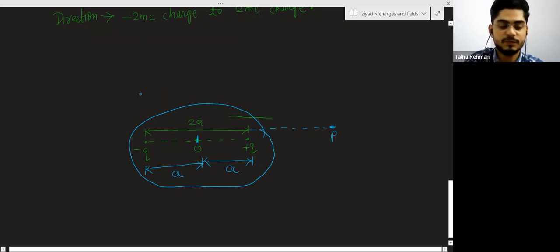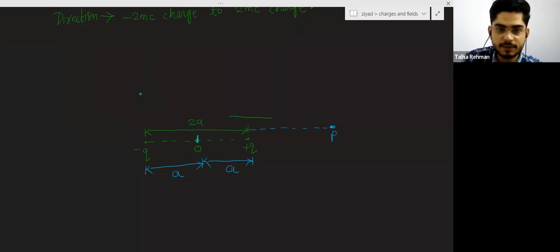And after that we will calculate the electric field at some point on the perpendicular bisector. Perpendicular bisector means when we draw a perpendicular line on the line joining the two charges, it divides the distance between the two charges equally.